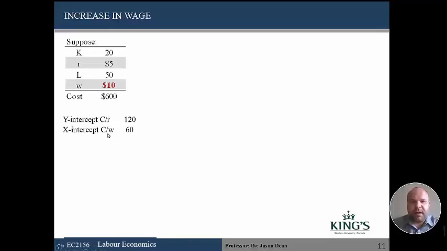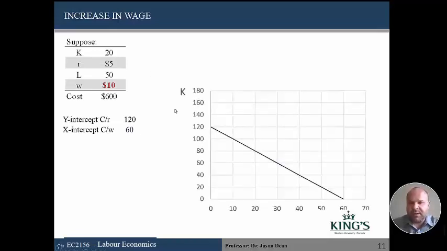And then we have our x-intercept, which is 600 divided by the wage. This would be our ISO cost line. Any point on this line represents combinations of capital and labor that cost $600. These are the intercepts, 120 and 60.